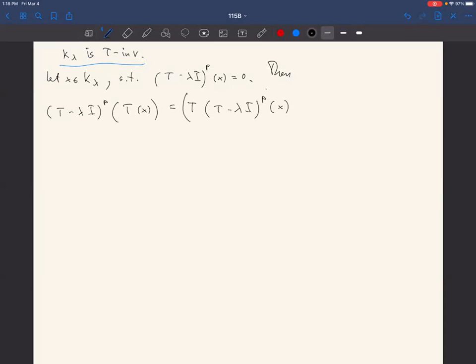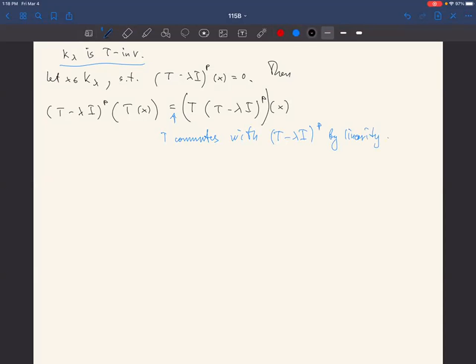To be completely precise, this is the order of operations. So why do we have this? This is because T commutes with T minus lambda I, and hence with (T minus lambda I) to the power p, just by linearity.